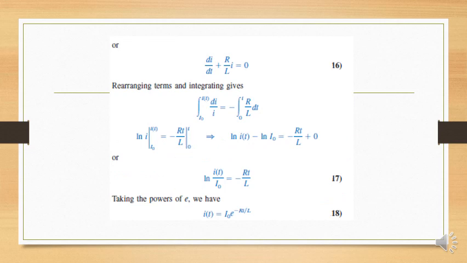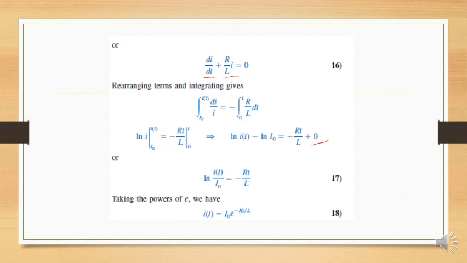Now it is in the form of a derivative equation like this, so we take the integral. After taking the integral, we get ln of i is equal to minus Rt over L from 0 to t. We are going to integrate it. Ln of i of t minus ln of I naught is equal to minus Rt over L plus 0 initial states.